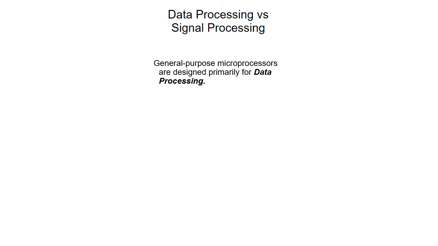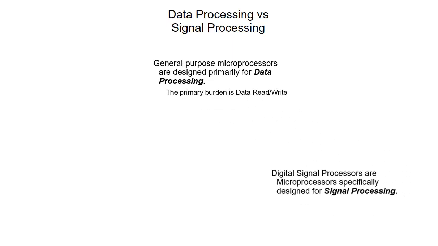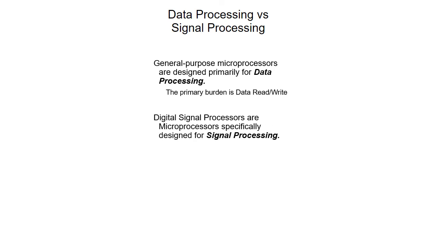Next is data processing versus signal processing. General purpose microprocessors are designed primarily for data processing, so the primary burden is data read or write.